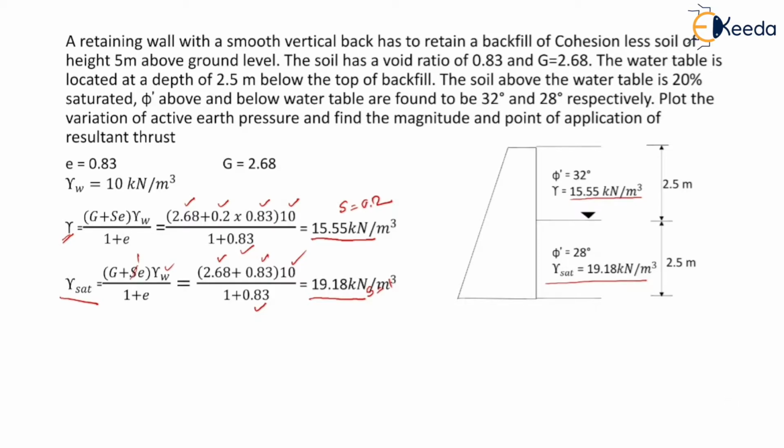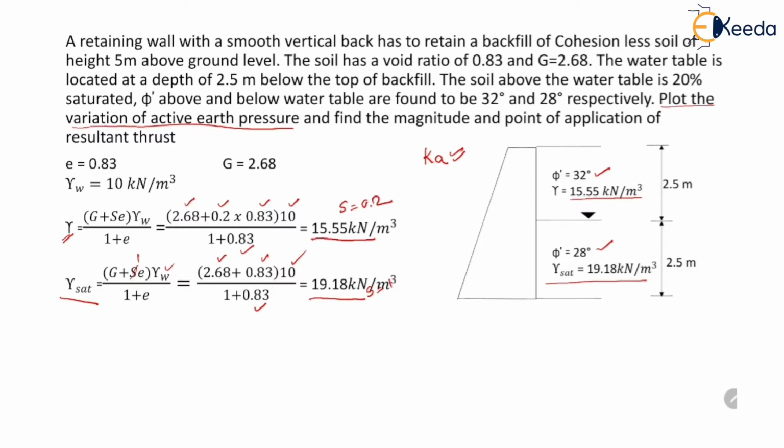Now we are supposed to plot the variation of active earth pressure throughout the height of the retaining wall. For that we will require the coefficient of active earth pressure. Since the value of phi for the top and bottom layers are different, different values of Ka will be obtained for both these layers.